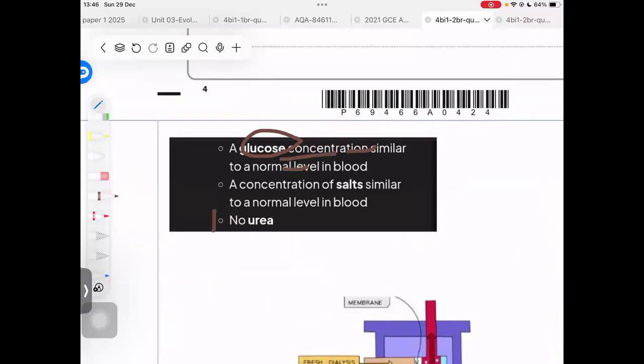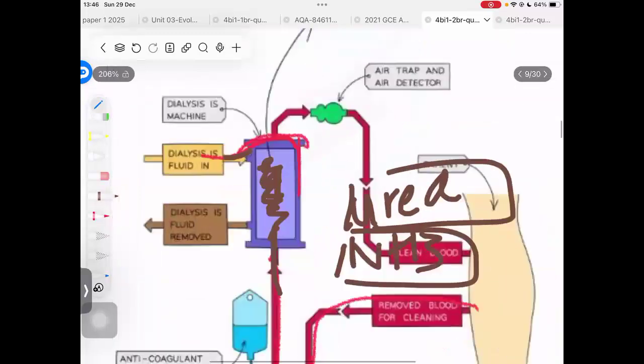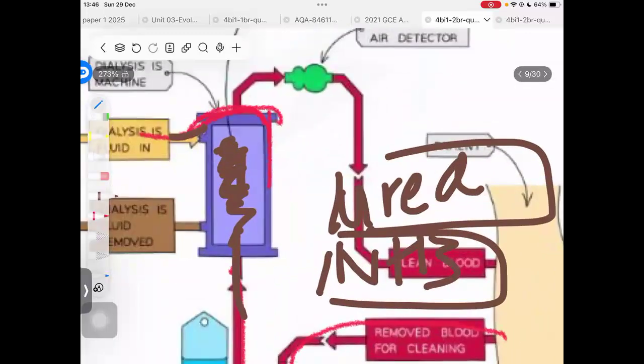It should also not have any urea. The blood inside, which I'm coloring in brown, has high levels of urea, the blood that we are pumping. So there is a high concentration of urea inside the blood, and inside the dialysis fluid there is zero urea, so a low concentration.